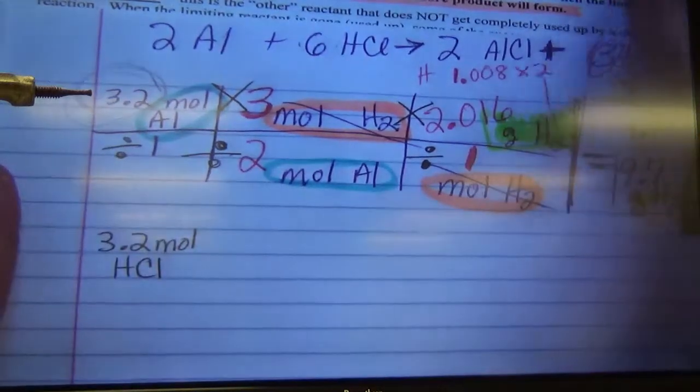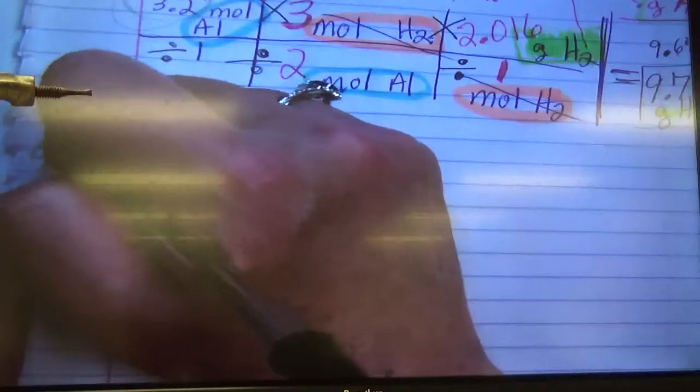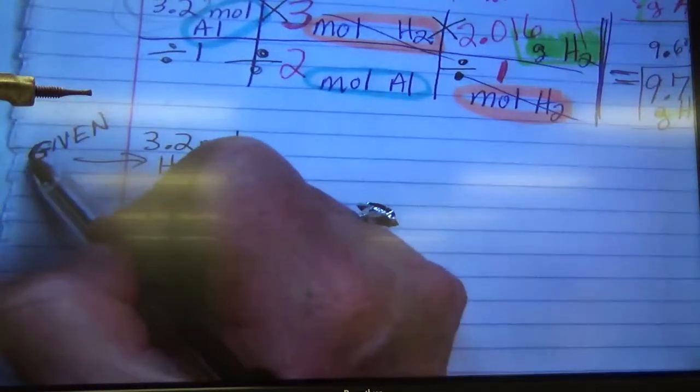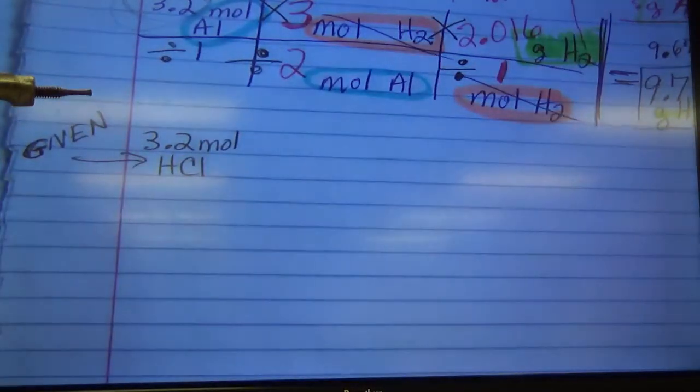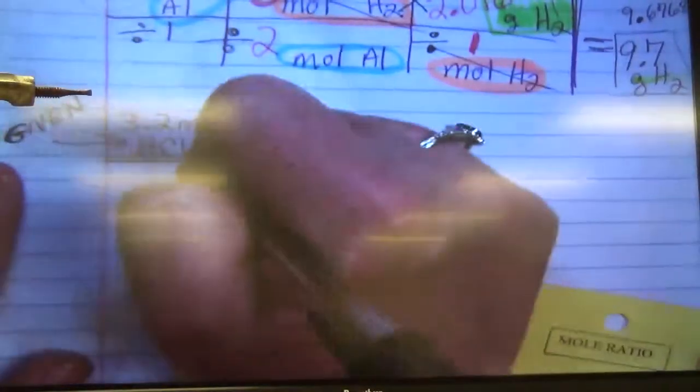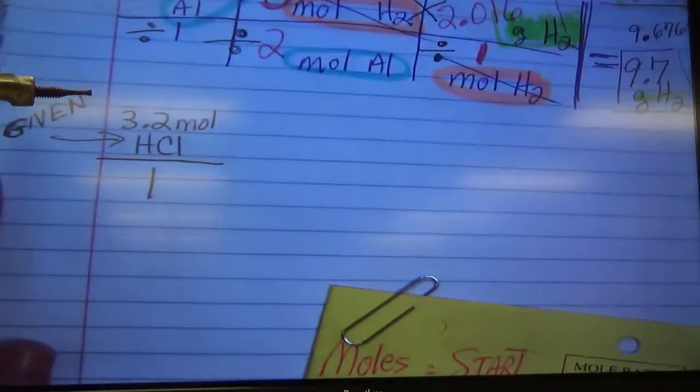Okay, that's my other given. HCl is what we're starting with this time. That's a given this time. So anytime the foldable says given, we know we're going to use the formula HCl there. And you know us, we always put the given over 1. That part's easy, isn't it? Okay, let's continue the work.